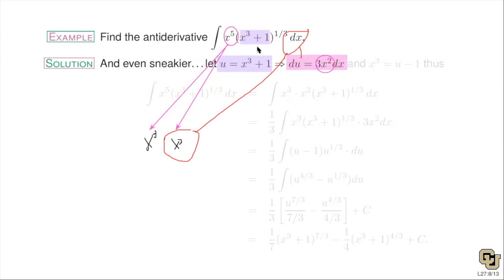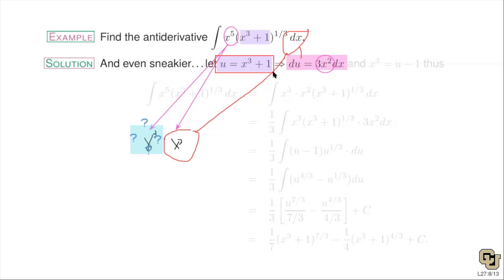But of course, we would still have this x cubed left over, right? And so the question is, what do we do with this x cubed that's left over? Now we're going to use the substitution, right? So here it's the same trick. Use the u substitution to solve for x cubed.